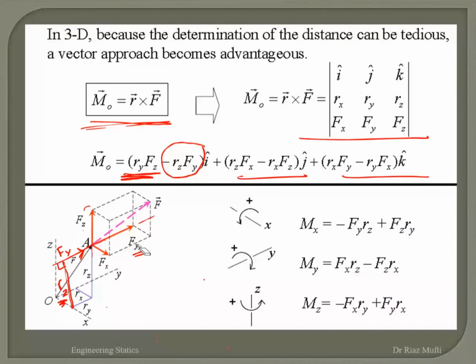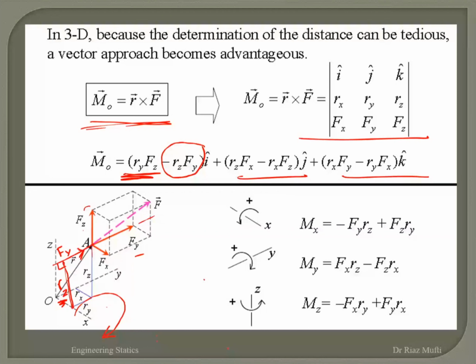Now let us see what this is going to do to my x-axis. Now I can clearly see it is trying to rotate my x-axis in this direction. Am I right? Can you see that?